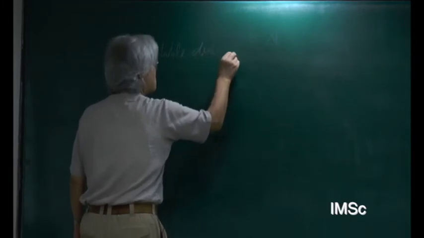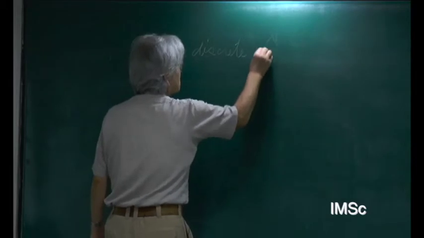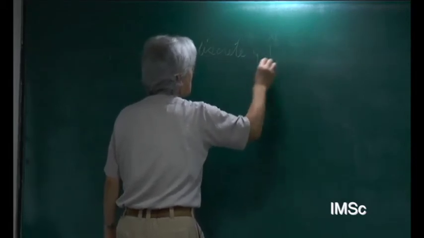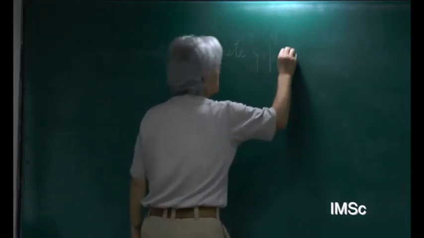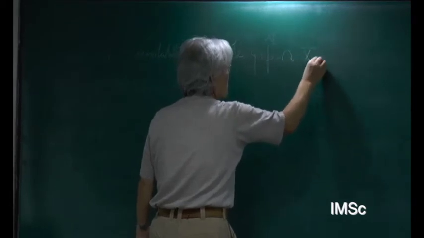Now, G is a countable discrete group acting on X, a measure space with measure mu.